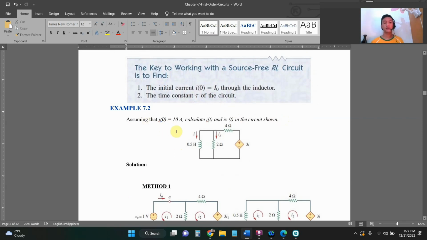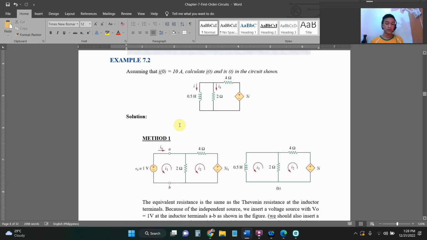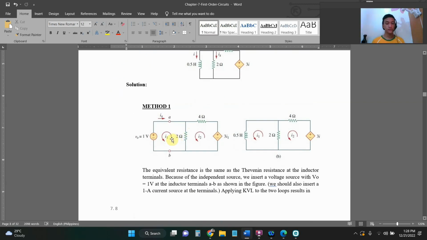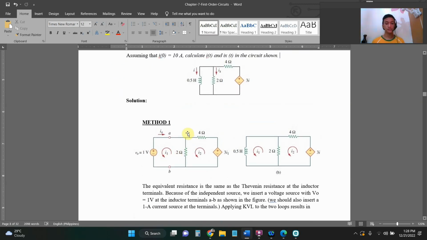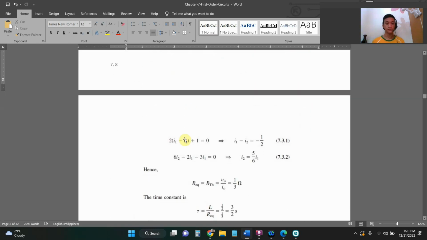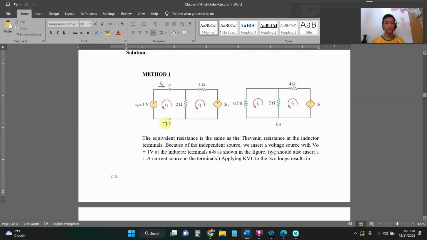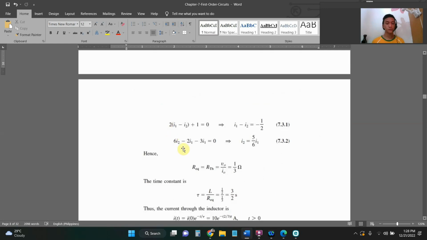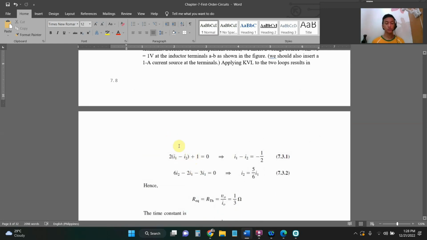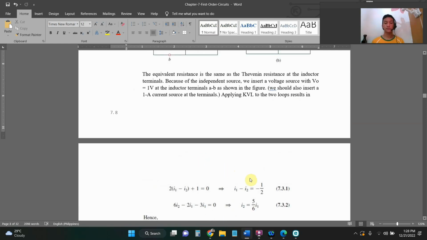Assuming that I sub O equals 10 amperes, calculate i(t) and i sub x in the circuit shown. So first we use mesh analysis. We have 2 times (I sub 1 minus I sub 2) plus 1 equals 0.